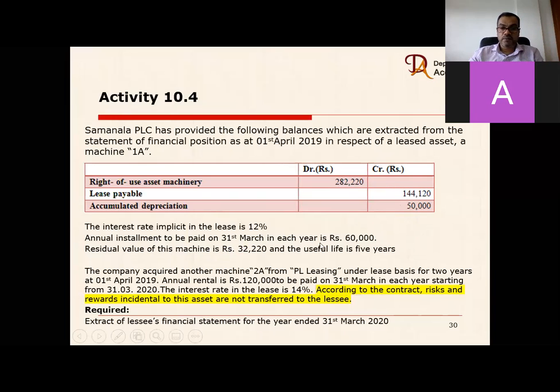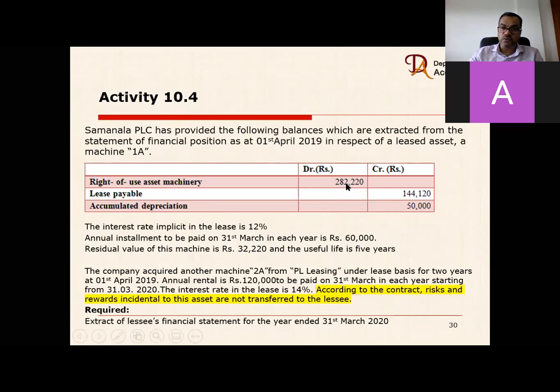Annual installment is 60,000. Rental is 60,000. Every year, 60,000 should be deducted from the lease payable. Residual value of this machine is 32,220. That's given. If that's the case, you can quickly match this residual value with the right of use asset.